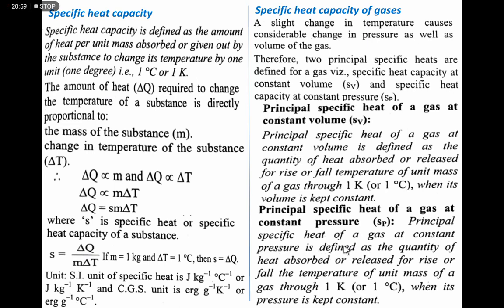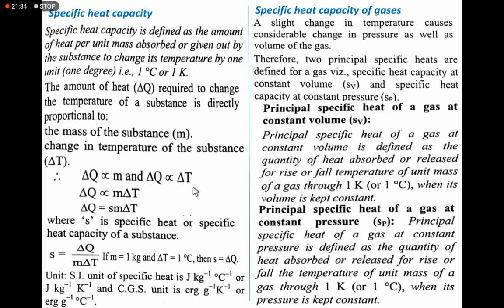Principal specific heat of a gas at constant pressure is defined as the quantity of heat absorbed or released for rise or fall of temperature of unit mass of a gas through 1 degree Kelvin or 1 degree Celsius when its pressure is kept constant. Same statements are there. Instead of volume, you use the word pressure. So these are the definitions for specific heat capacities of the gases.